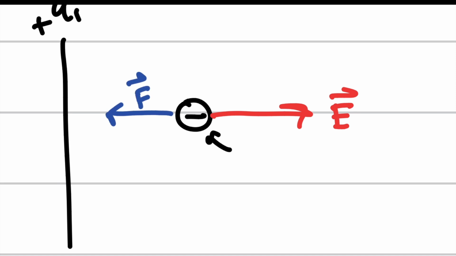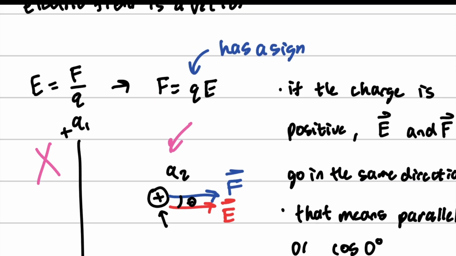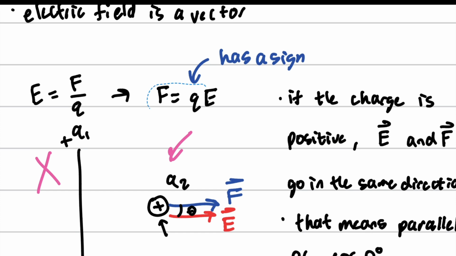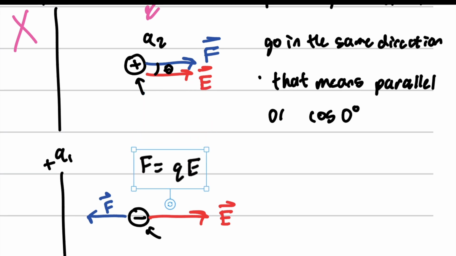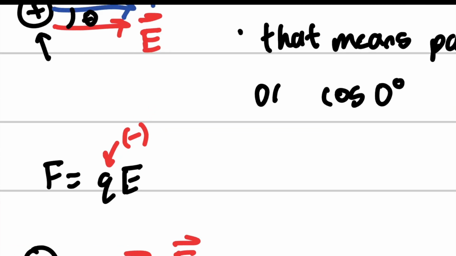Okay, does that make sense mathematically? Well, if we look at our little equation right here, yeah, it makes sense. Because if this guy right here is negative, then that means that the E and the F are always going to be the opposite of each other.